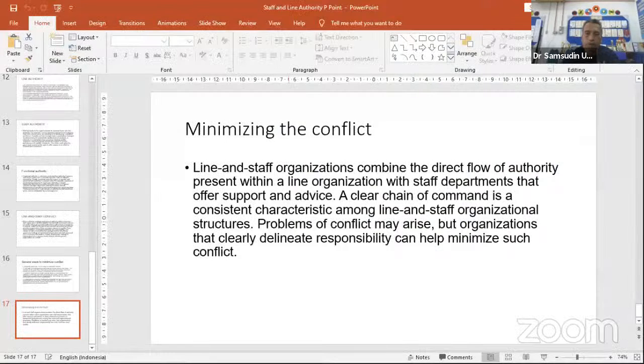Okay, it looks very detailed, very deep. Clarification about the role of staff is needed, because there is an element of line structure, line authority, that sometimes makes the staff function not very aware of their job as a supportive unit for the line authority.